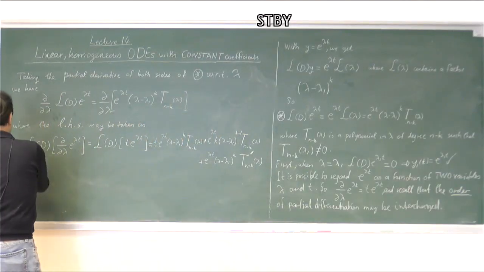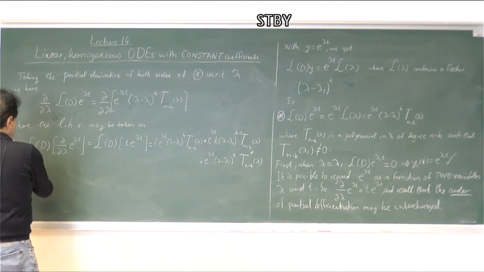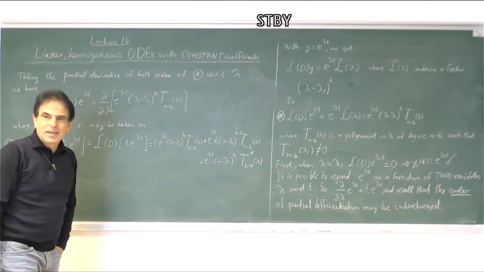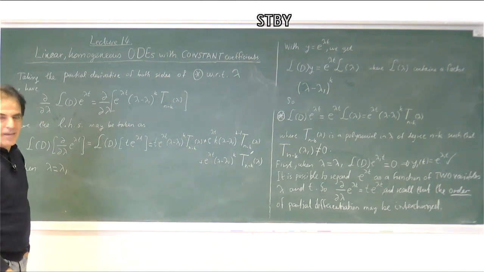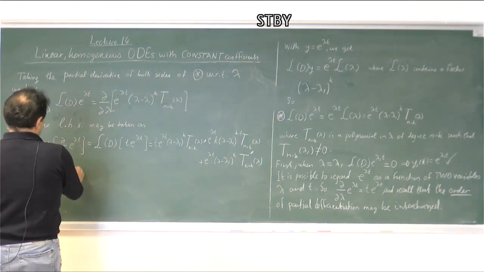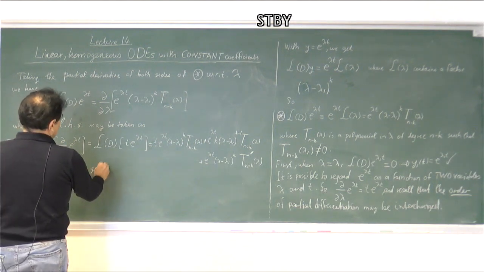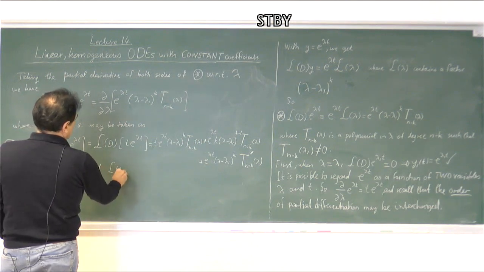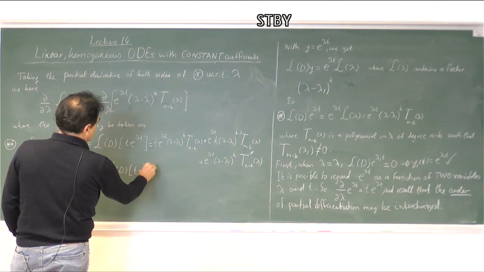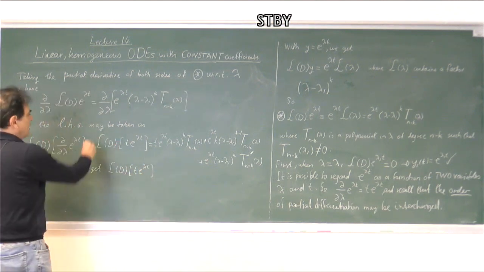Now, what happens when lambda is lambda 1? Good? Now, we get clearly L of t e to the power lambda t on the left-hand side, okay?